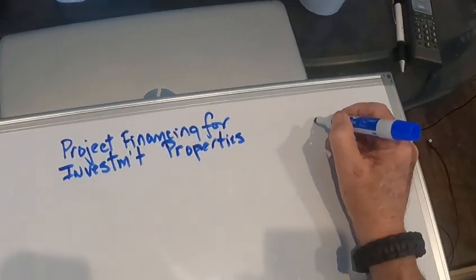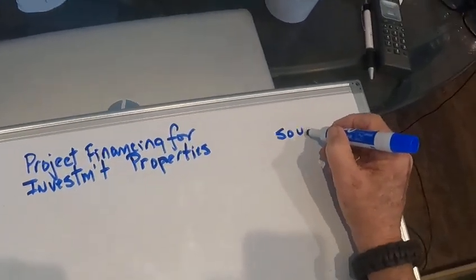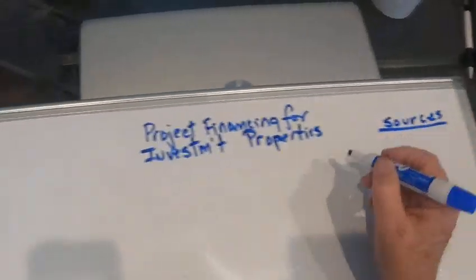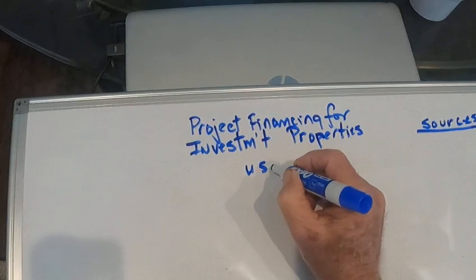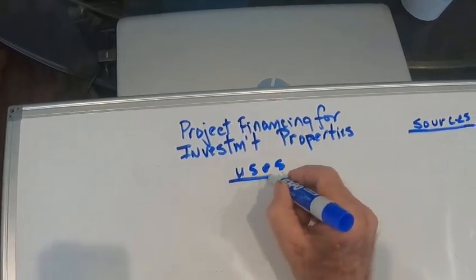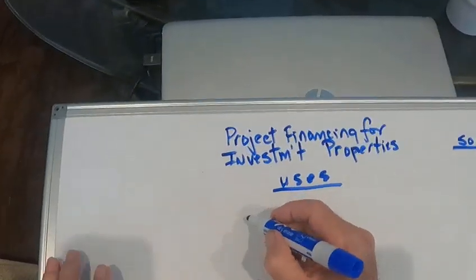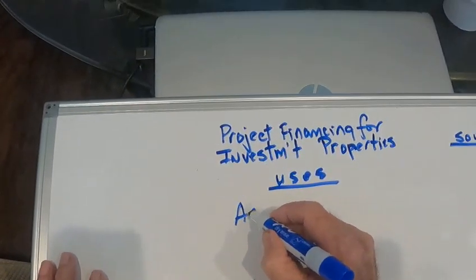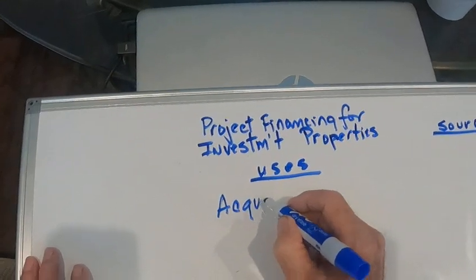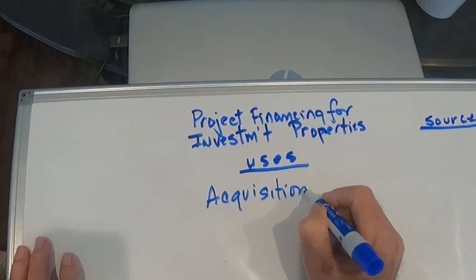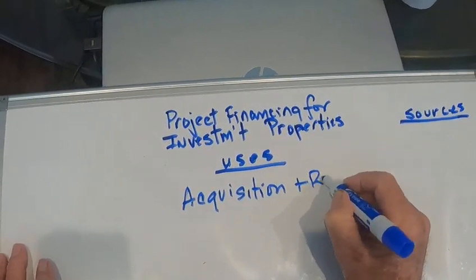And this is going to be the sources of our monies. And this is going to be the uses of our money, when and where it's going to be used. So in the first one, we are going to basically need money to acquire, or acquisition plus rehab.